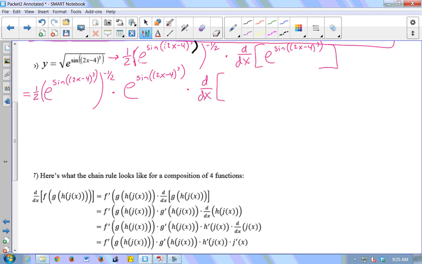So now I have to take the derivative of the sine of 2x minus 4 cubed. So I have to apply the chain rule again in the midst, the chain rule within the chain rule. Okay, so write all this stuff down again.